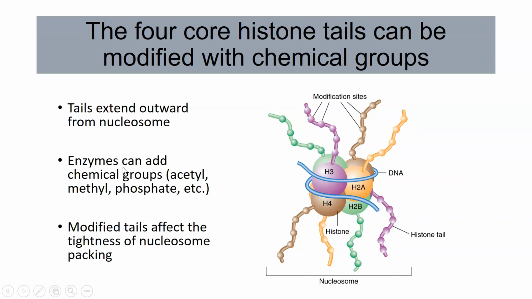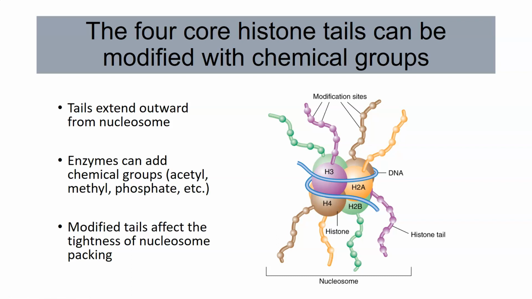There's a whole host of enzymes that can modify these. There are some that add acetyl groups, some that add methyl groups, phosphate, and numerous other groups as well. Modification of histone tails is going to affect whether they are tightly packed in heterochromatin or resistant to packing in heterochromatin.